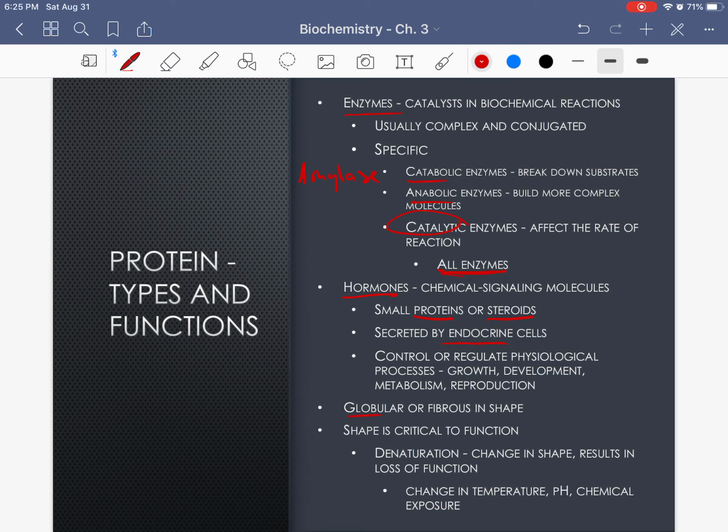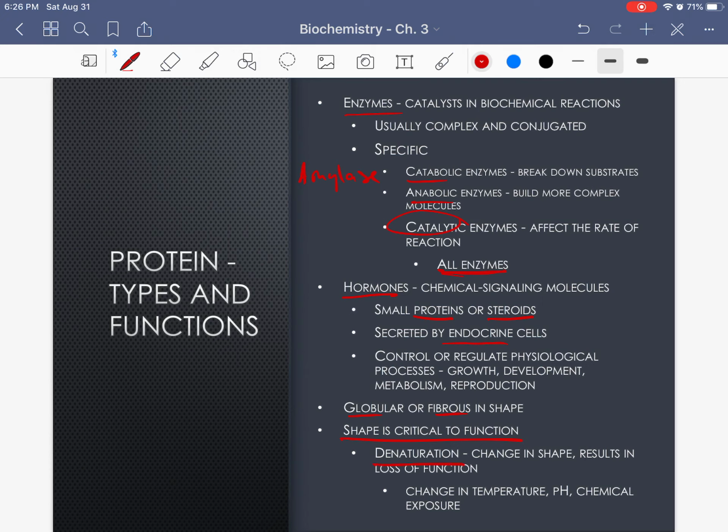Enzymes are either globular or fibrous in shape, so they have different shape structures, and that shape is critical to function. If a protein has its shape, then it should function. If a protein loses its shape, it won't function.